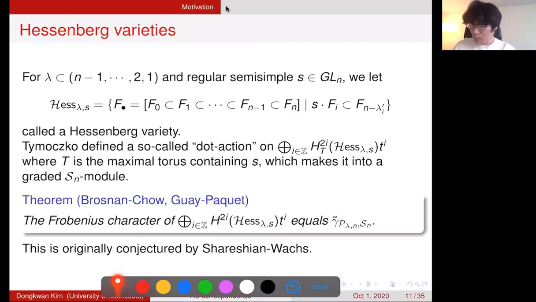But the hope is that maybe you can find some kind of good basis which gives you the permutation representation of this one using, I don't know, maybe canonical basis. I'm not sure. But yeah, there is also some progress recently on how to choose a good basis, at least for the toric variety case.